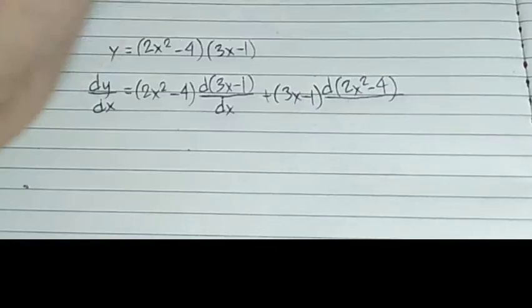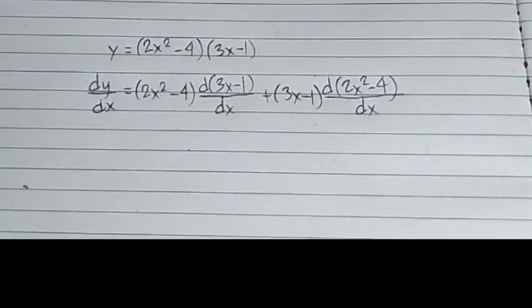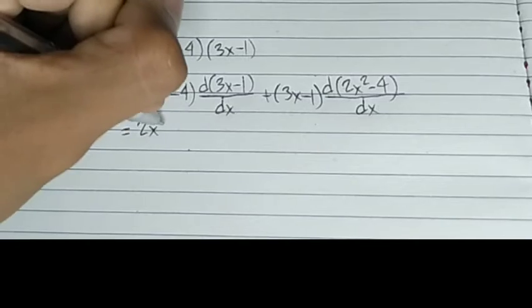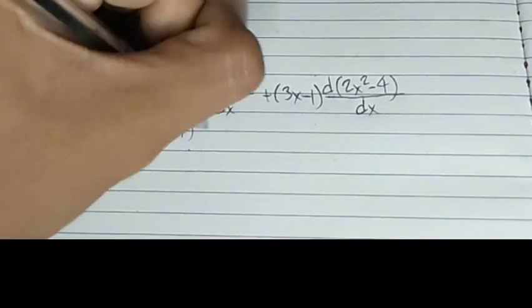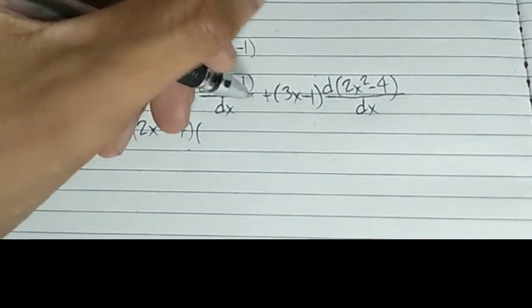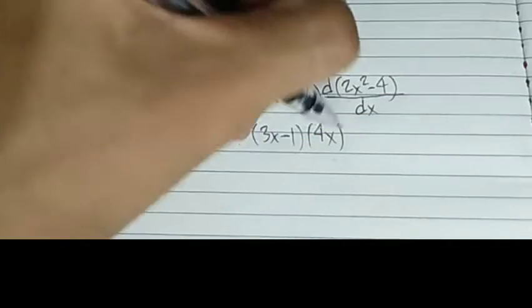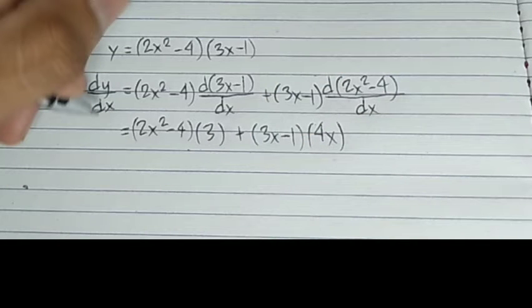So next, we find the derivative of the said polynomials. dy over dx is equal to 2x squared minus 4 times the derivative of 3x minus 1, which is equal to 3, plus 3x minus 1 times the derivative of 2x squared minus 4, which is equal to 4x.